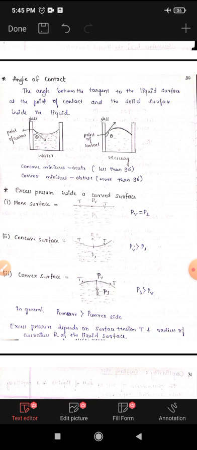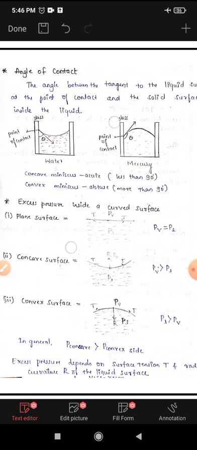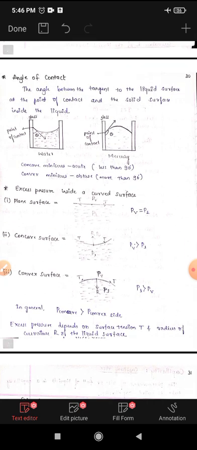So if we draw a tangent at the point of contact, where the water and the glass meet, at that point if we draw a tangent to the inner surface of the liquid, that angle, whatever we are getting, theta, is known as the angle of contact.